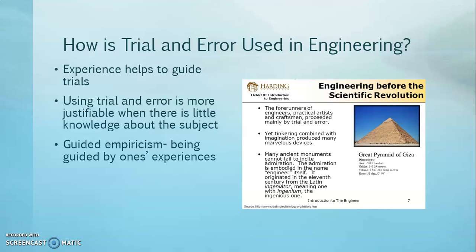I thought this was important to note because it just shows that before there was a lot of knowledge about things, they used trial and error. So it says that they created many marvelous devices, just like this Great Pyramid here. But I couldn't help but think that if they had knowledge, they probably could have created it faster. I'm sure this was very tedious and time-consuming and expensive.